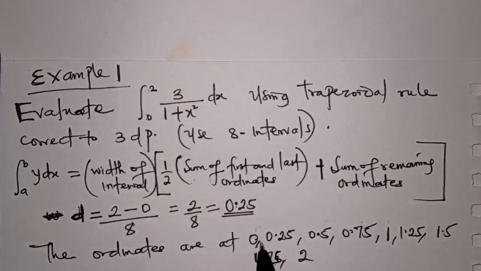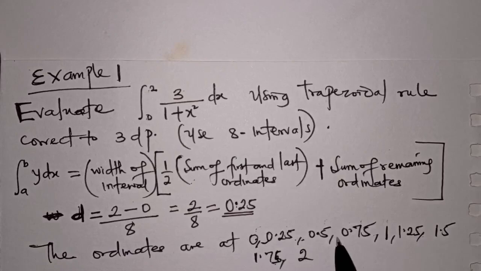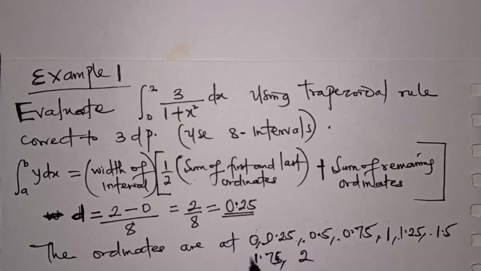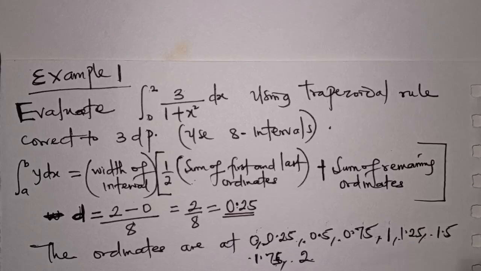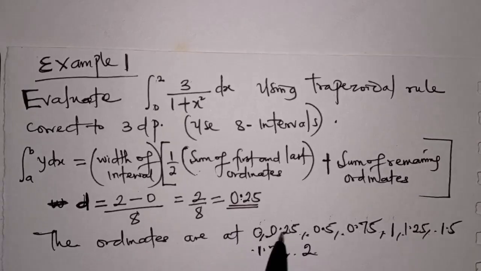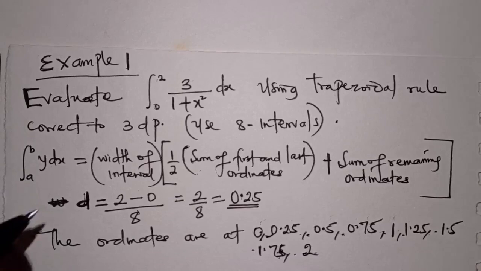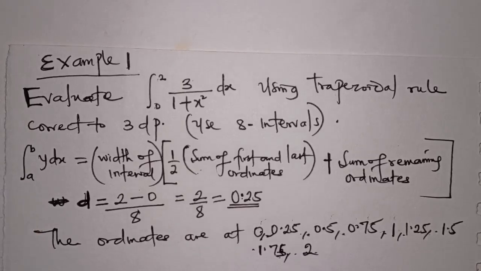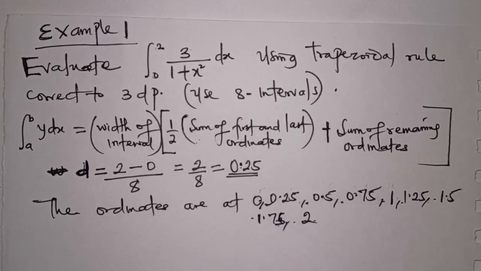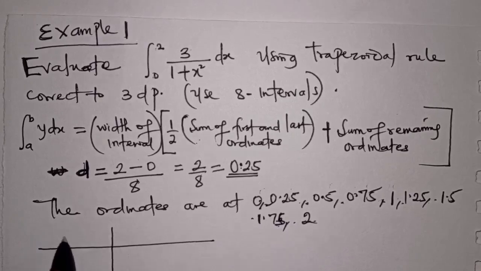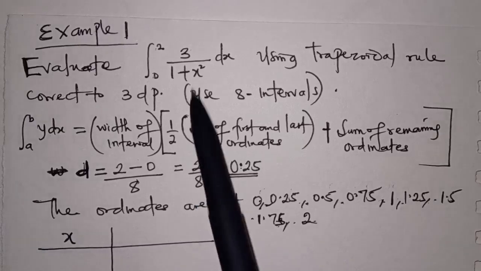So the intervals: this is one interval, another interval, 1, 2, 3, 4, 5, 6, then between this and this 7, between this and this 8 intervals. Then 1, 2, 3, 4, 5, 6, 7, 8, 9 ordinates. I hope you understand what's going on. Okay, so this is what we're going to do now. I'm going to form a table and write my x here, and then I'll be writing the function itself.